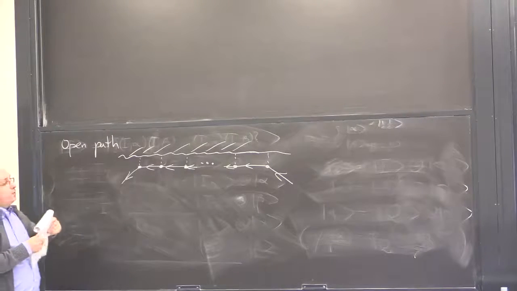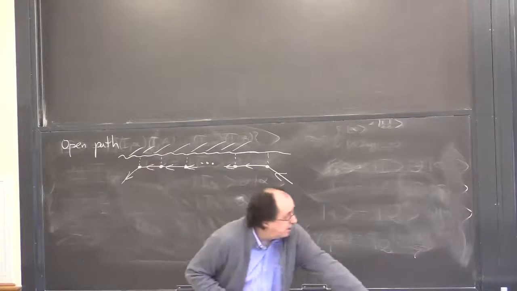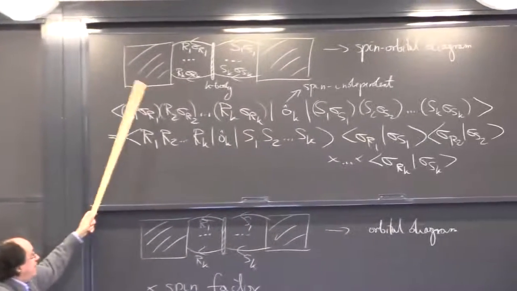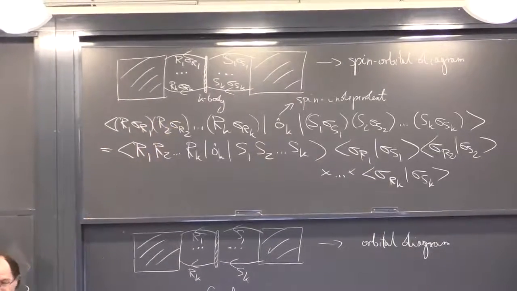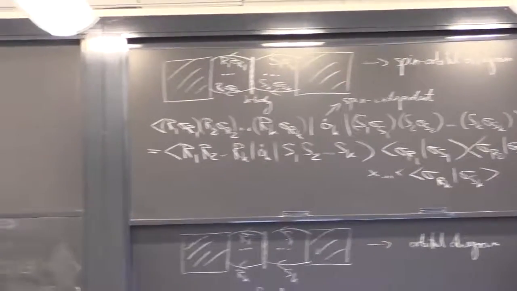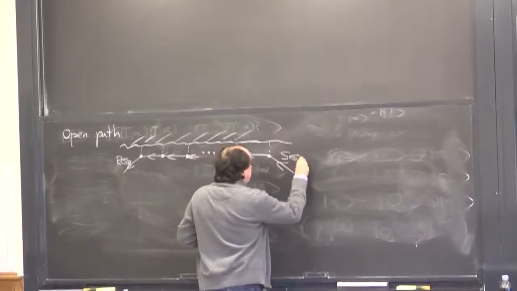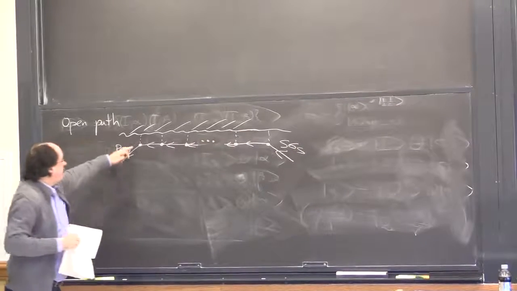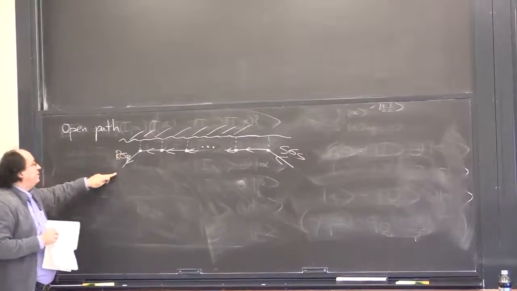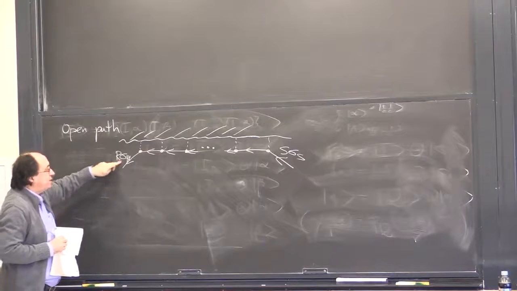Of course, we have to do this first at the level of the spin orbital diagram. I draw the spin orbital diagram and I label the lines like I did here with the orbitals and spins. So I'm going to use symbols R, sigma R for this one, and S, sigma S for that one. The line that leaves the path will be orbital R and the corresponding spin.